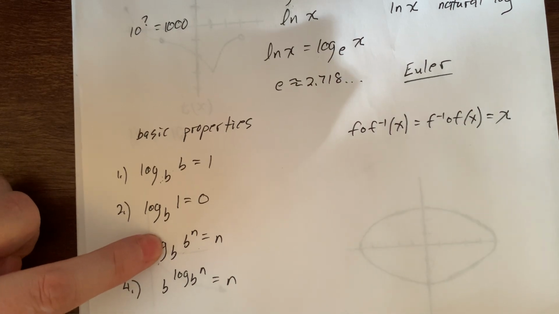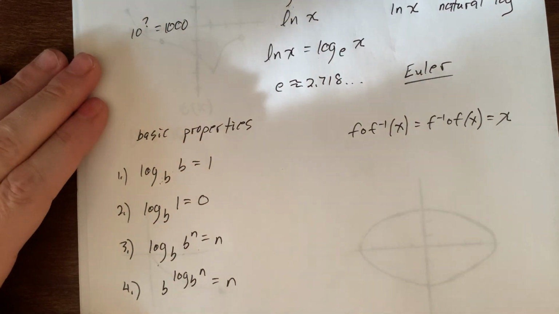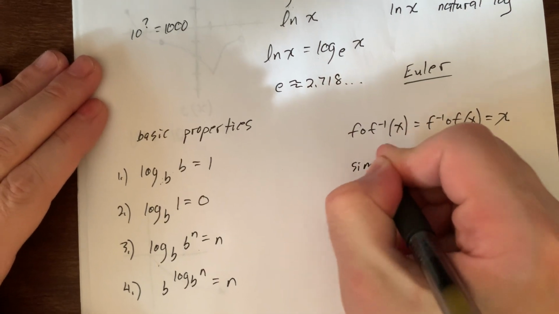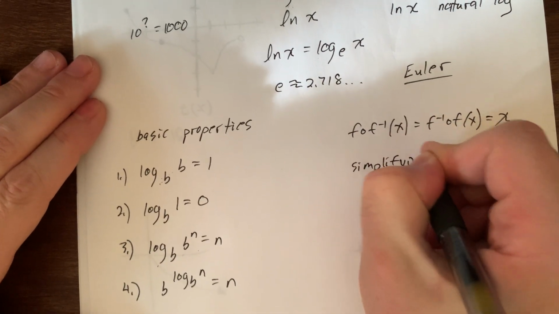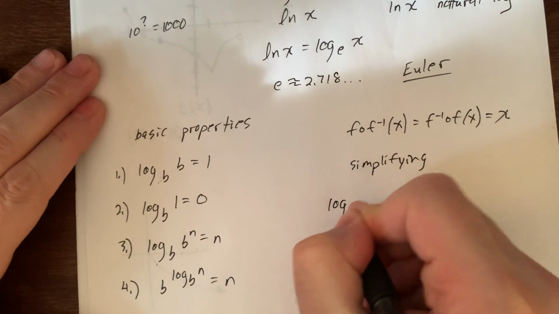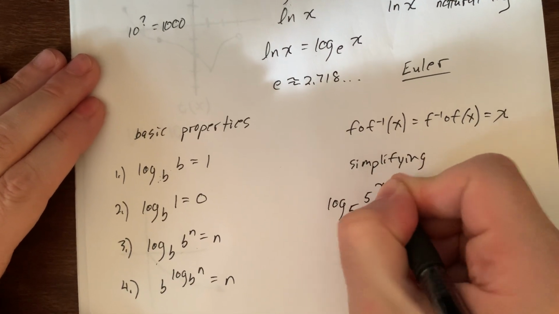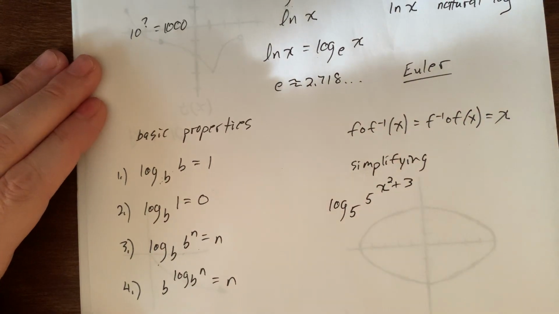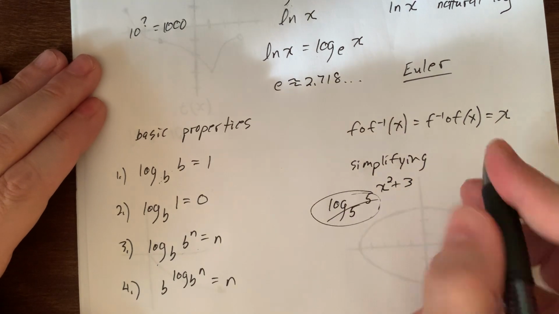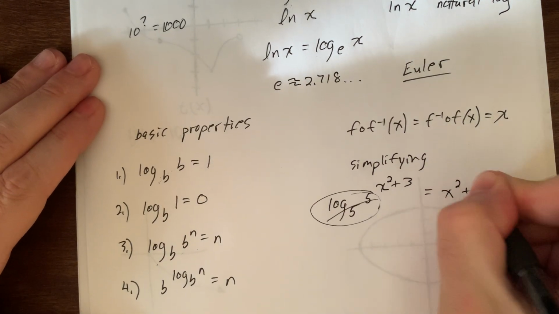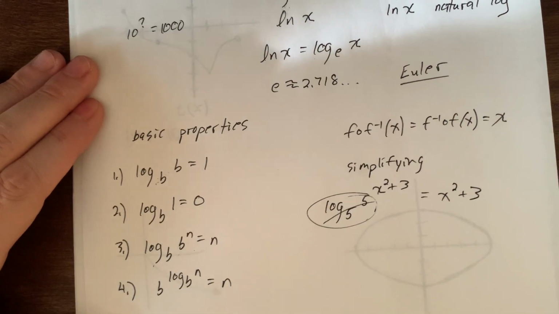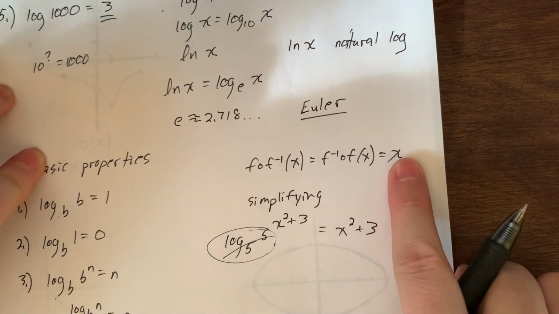This one in particular makes a lot of sense, just based on the definition of a log, but either one, if we just think about simplifying, it doesn't have to just be with numbers. If I had log base 5 of 5 to the x squared plus 3 power, these essentially would cancel, and you're left with x squared plus 3. It doesn't have to just give you x.